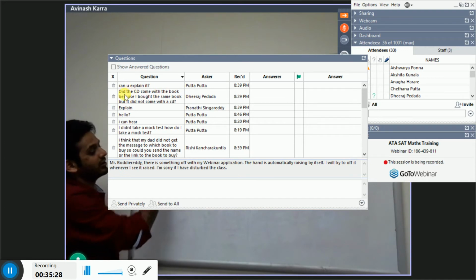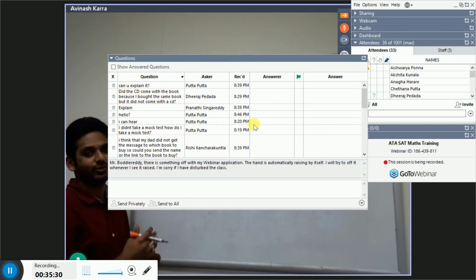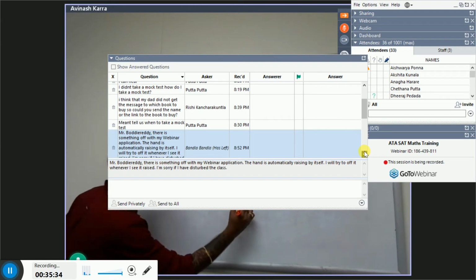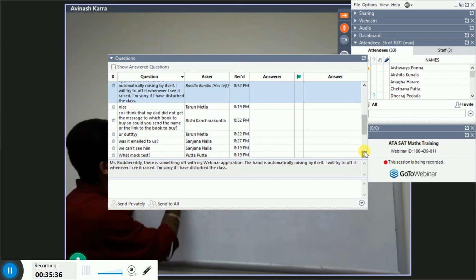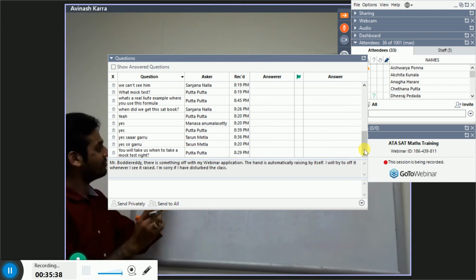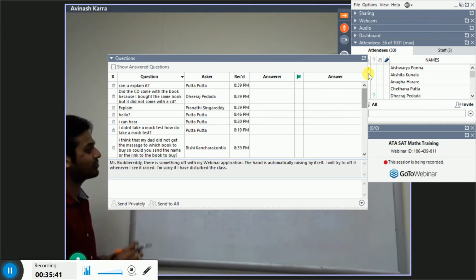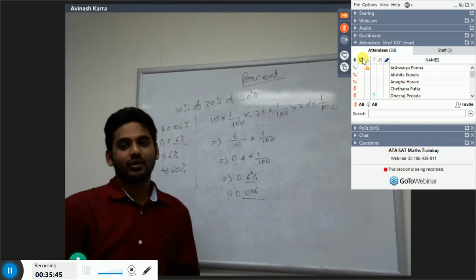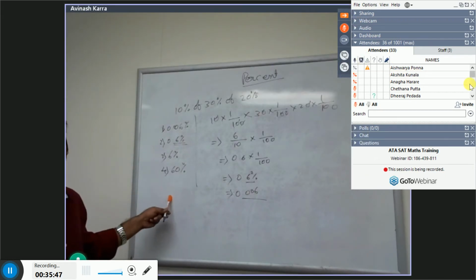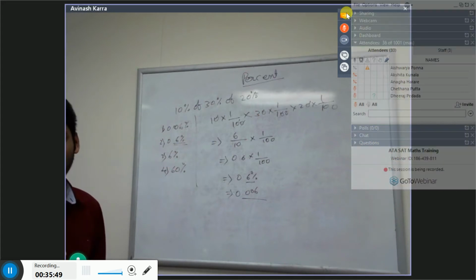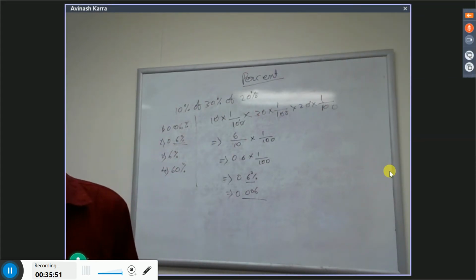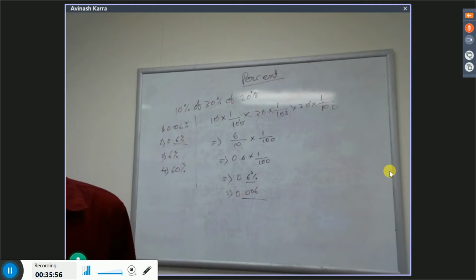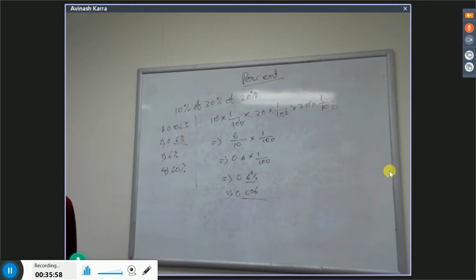These are a few questions that will just trick you. 0.006 is a number. 0.6% is a value. So please concentrate on those. I hope you guys understood this. Right? Okay. Let me wrap it up and let's enter into ratios and proportions.